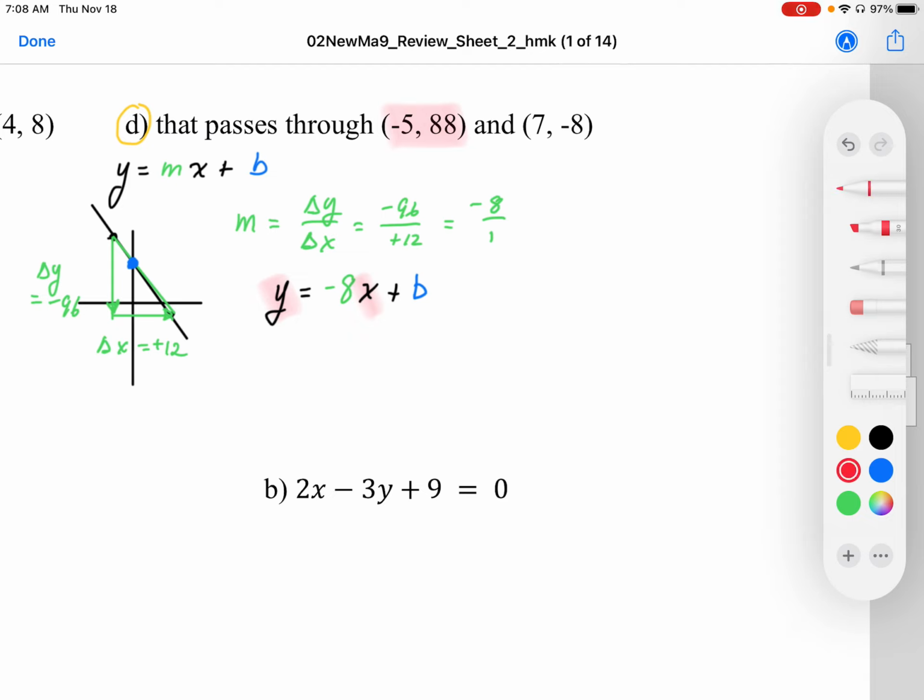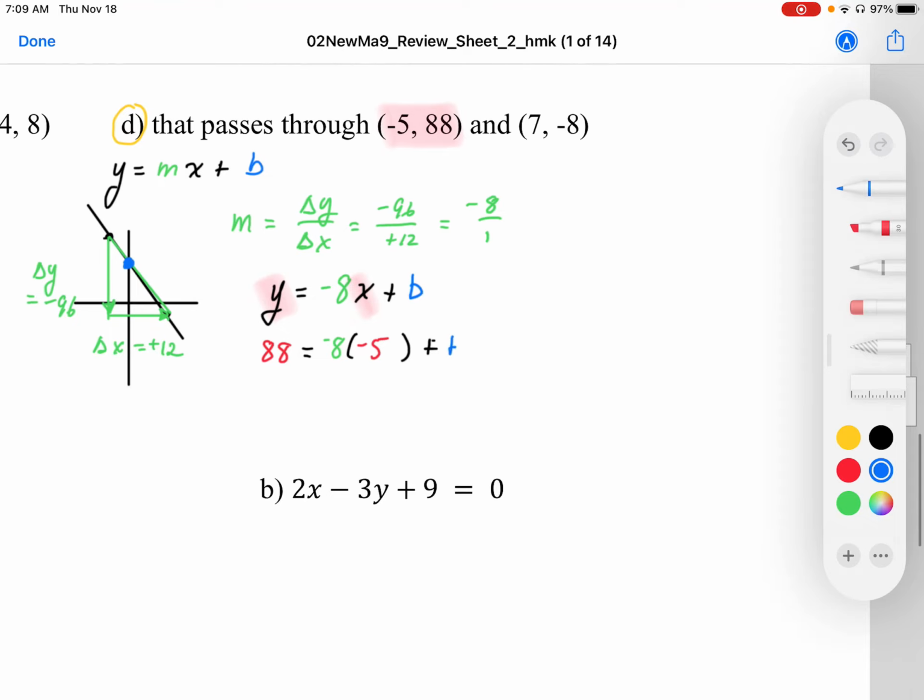So I'm going to plug in the xy pair. So that's going to be 88 for y is equal to negative 8. My x value is going to be the negative 5 that pairs with the 88. They have to go together.